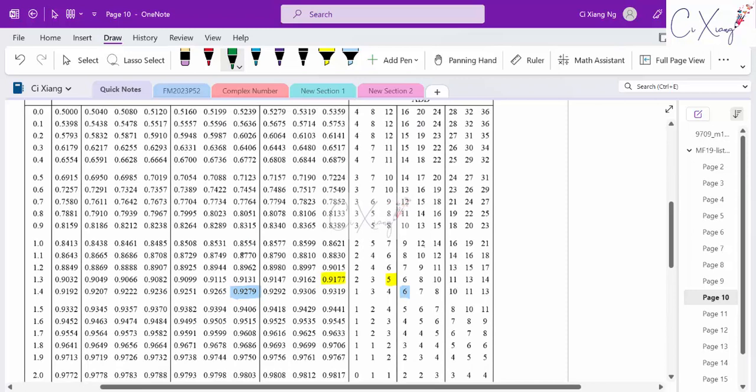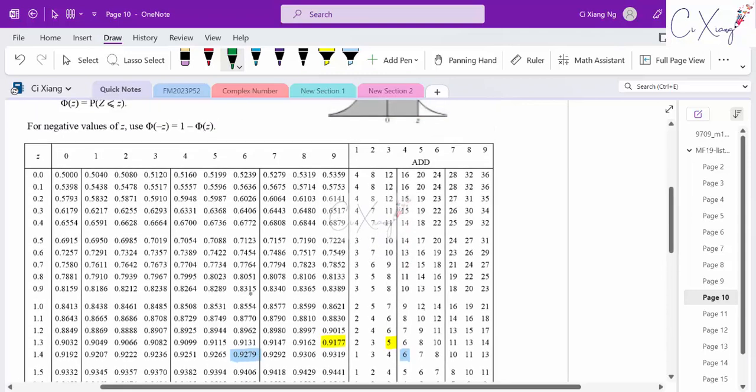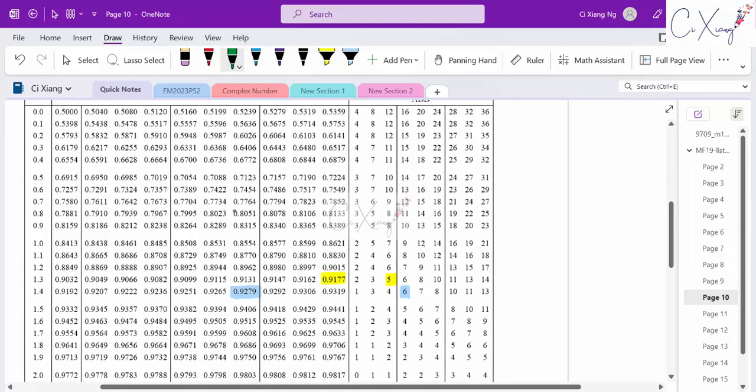Again, the probability appears inside the table, and the value of Z appears outside the table. So 0.77 is a probability, therefore I will refer to the values inside. Looking for 0.77, I will try to look for the value that is closest to 0.77 but smaller than it.